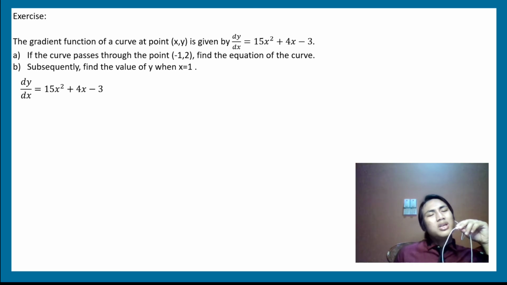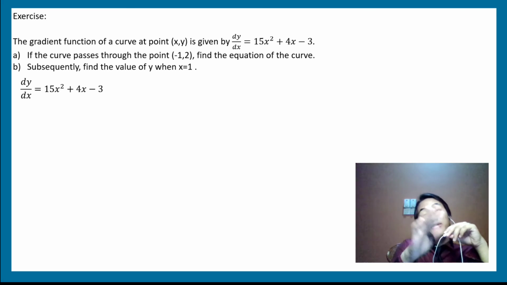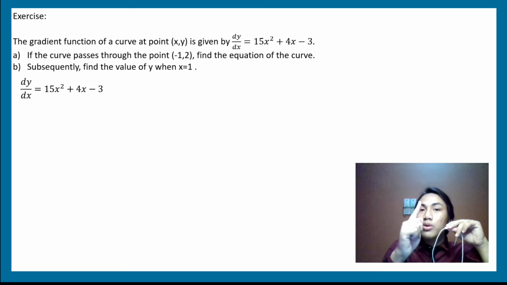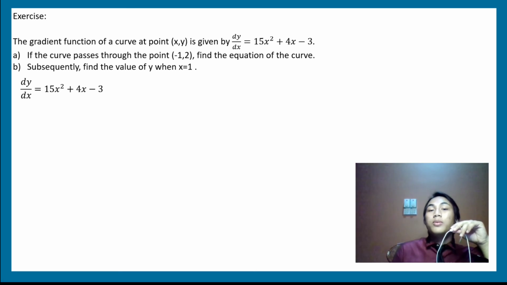So what is the gradient function actually? The gradient function is dy over dx, right? We have already learned it from the previous chapter, that is the differentiation chapter. So here, read the question. The gradient function of a curve at point (x, y) is given by dy over dx equals 15x squared plus 4x minus 3.